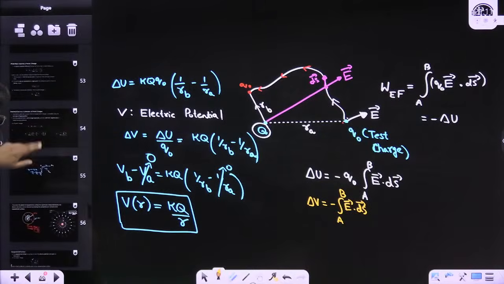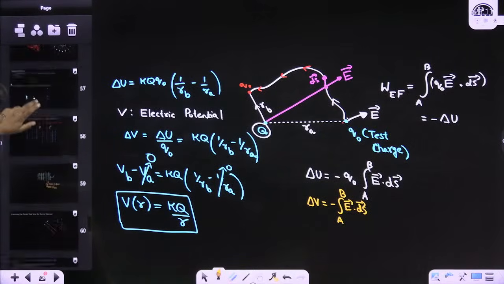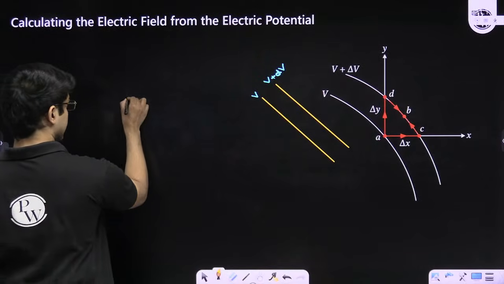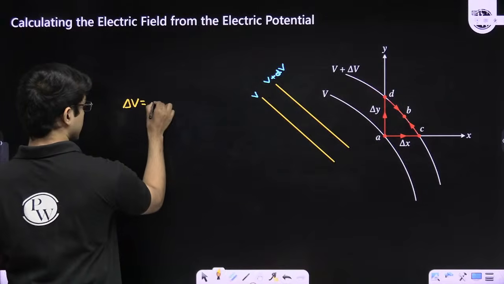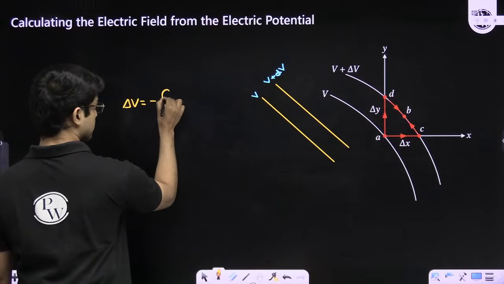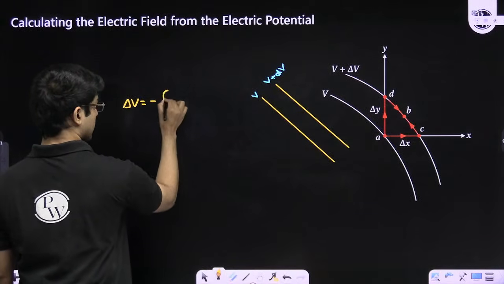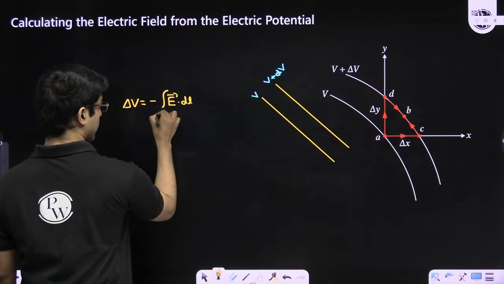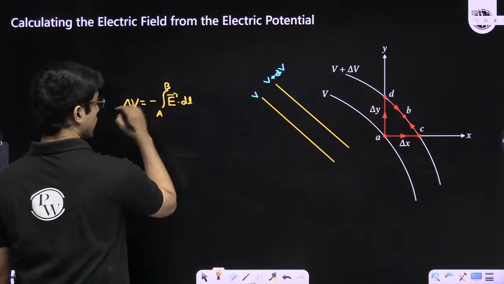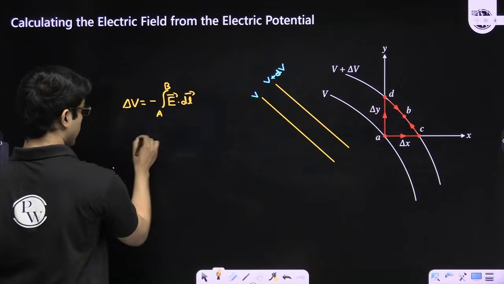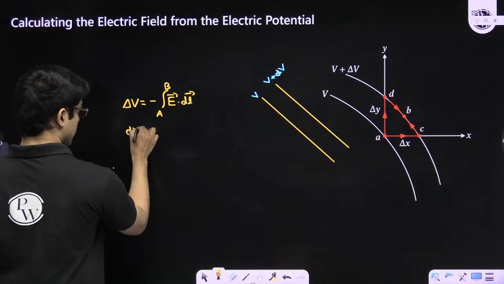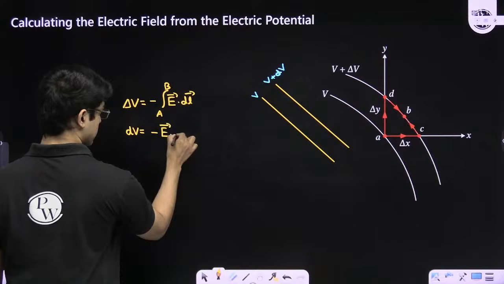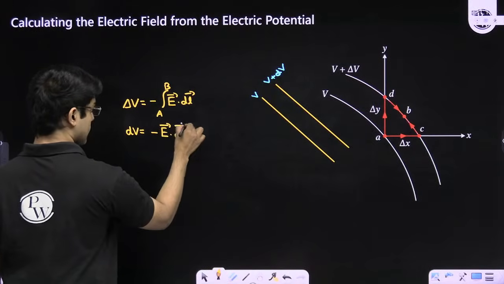Let me write it once again: delta V is minus integration of E dot dl from A to B. If you want dV, then it will be minus E dot dl.